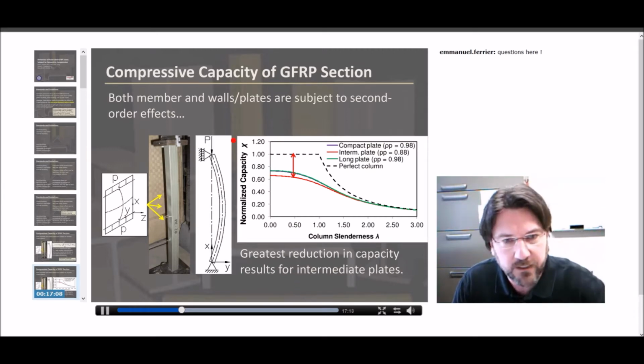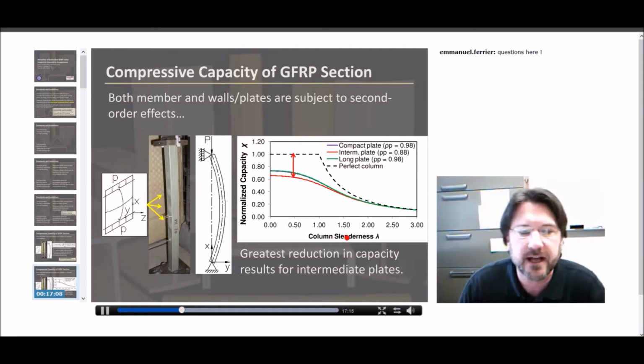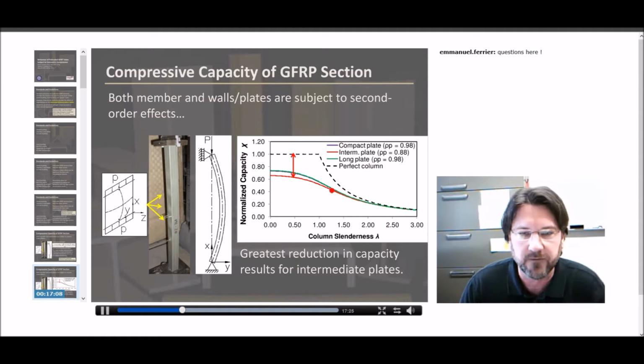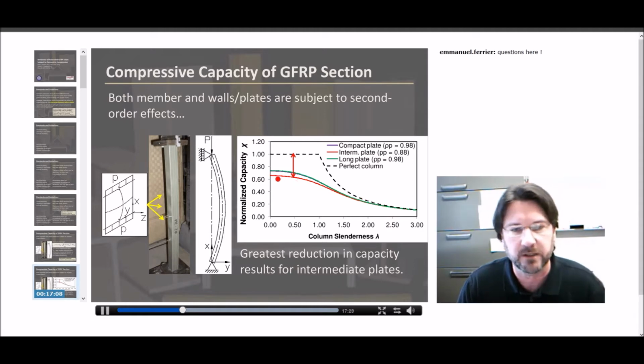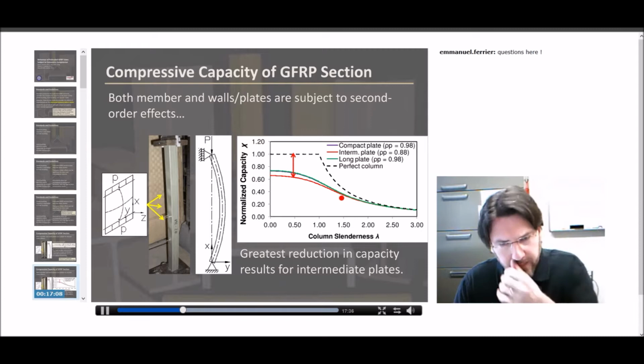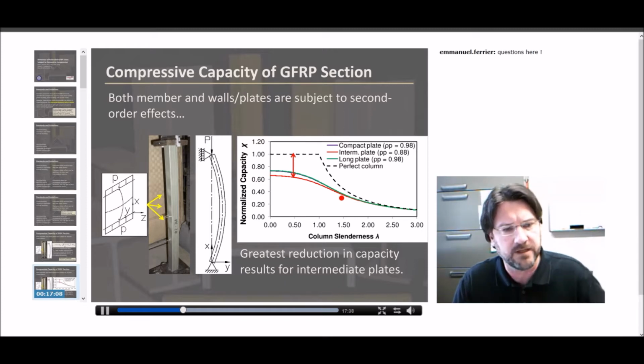Critically, one of the reasons that we need to look at this interaction is if we just take a look at a normalized capacity curve, so essentially that equation that I just showed, versus column slenderness, so this is the overall slenderness, we can get our fairly traditional buckling curves, and the black dotted line is our perfect column, our Euler column that we're all familiar with, and then our curved lines are the reductions associated with whether we have very stocky wall sections, very stocky plates, or very slender plates.